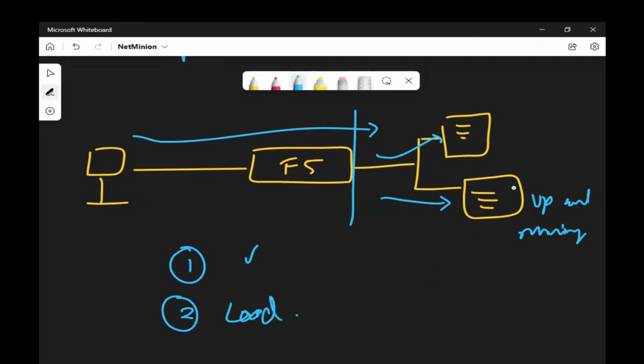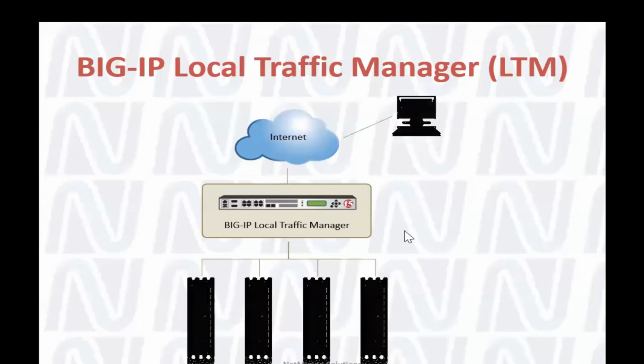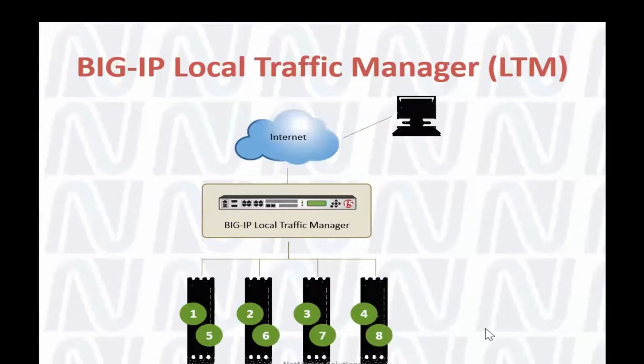It will even check the load. My server 1 is overutilized, so now the new connection should go to server 2. So these are the things which get managed by your F5. If I go back to this slide, maybe you can see what it is doing. It is just balancing the load.